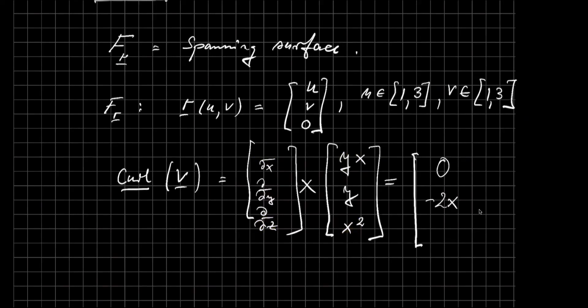And then finally, you have this times this minus this times this, and this doesn't depend on y. And then you get minus x for the last one.